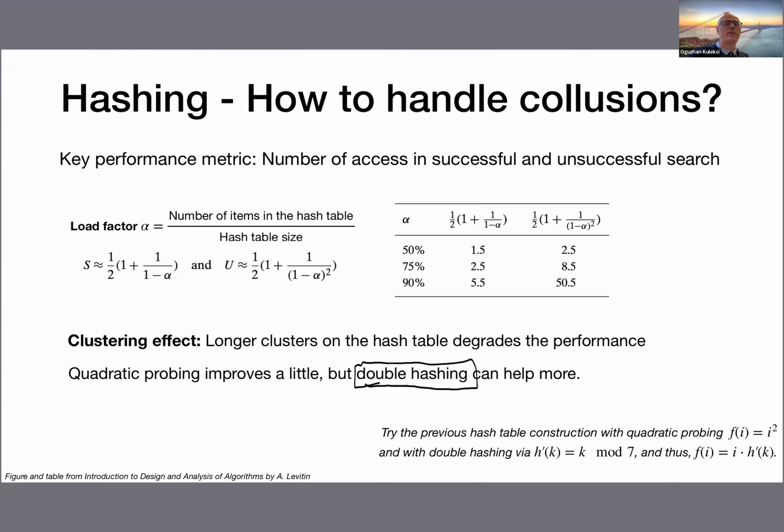You can just try the quadratic probing and double hashing on the previous example with some sample values, okay? And this will make you understand those things better, okay? But that is something we should take care for the good hash tables.